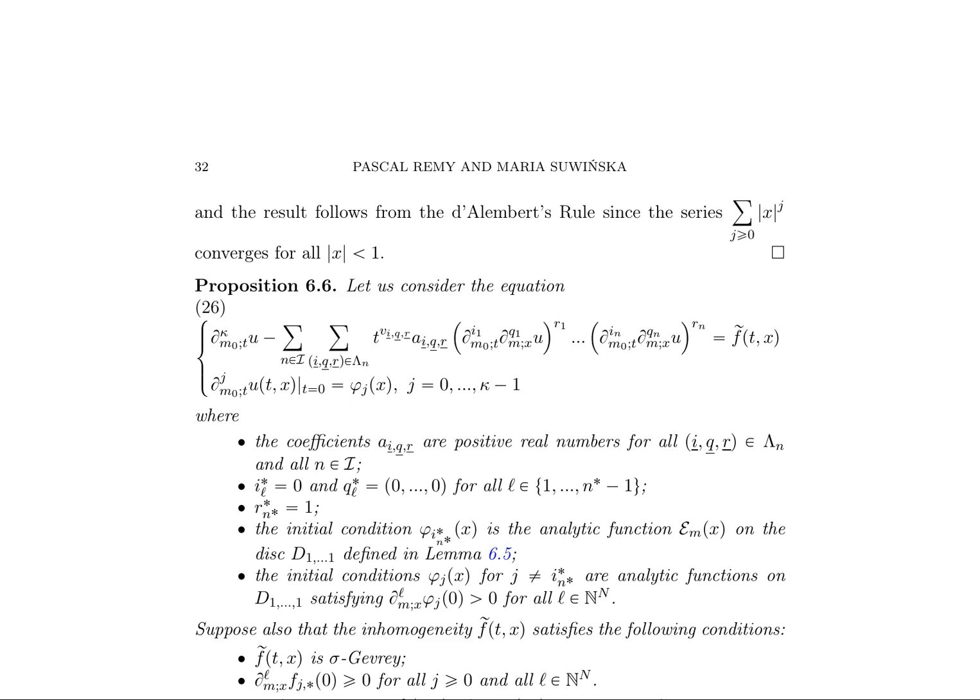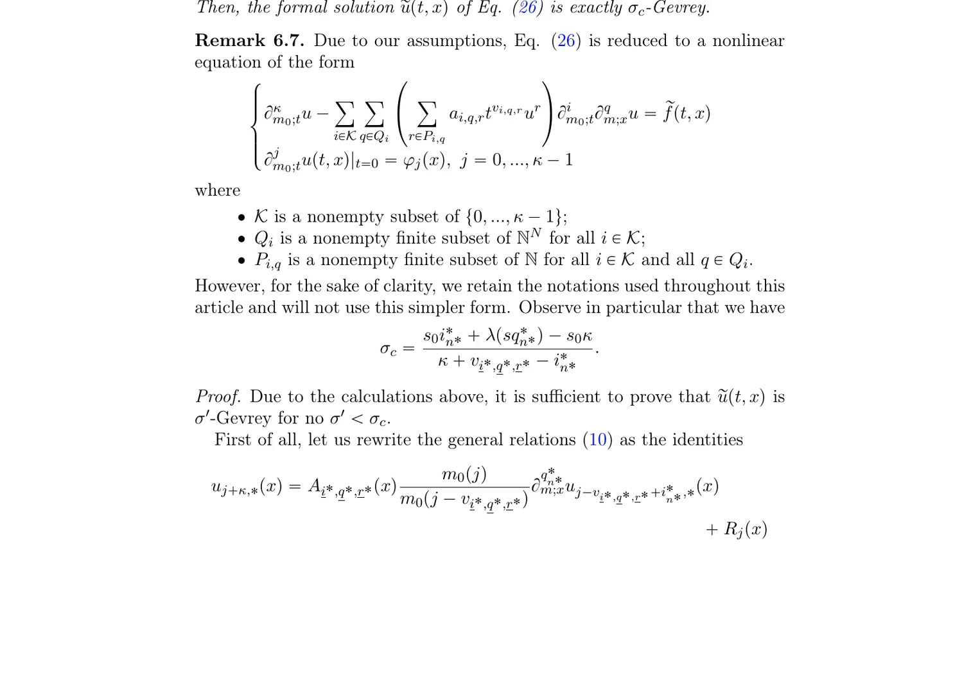The authors note that equation 26 can be reduced to a simpler nonlinear equation, but they choose to retain the original notation for clarity. The proof of proposition 6.6 involves rewriting the general relations 10 as identities, which are used to establish the sigma_1 Gevrey property of u(t, x) for any sigma_1 less than sigma_c.